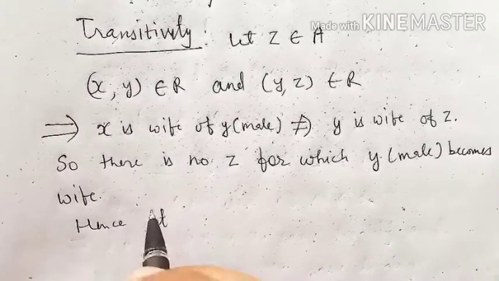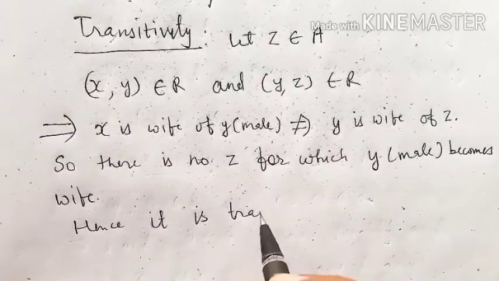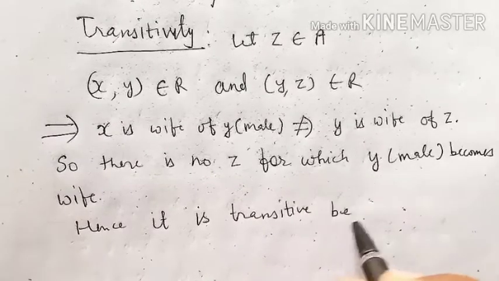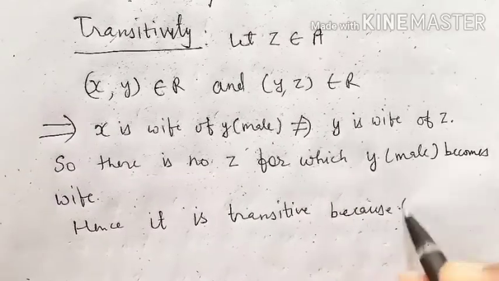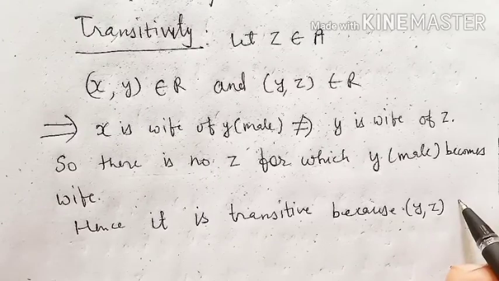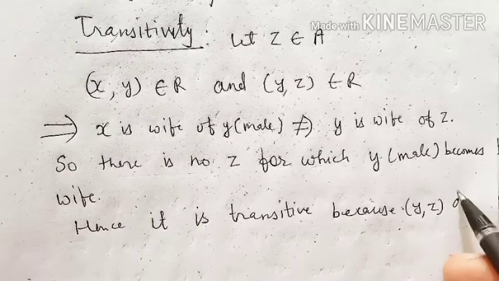Hence it is transitive because (Y, Z) does not exist.